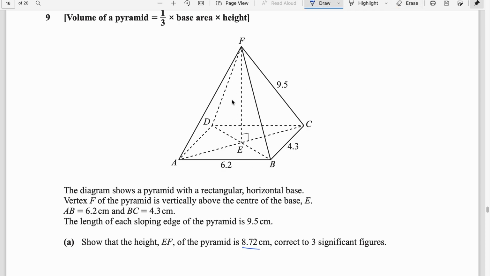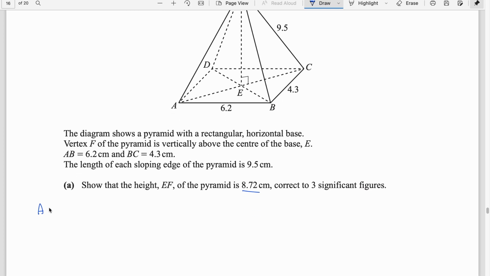To find EF, I already have this 6.2 and 4.3. If we use these two, I can find AC. Using Pythagoras theorem, AC equals the square root of 6.2 squared plus 4.3 squared. So AC is 7.545.